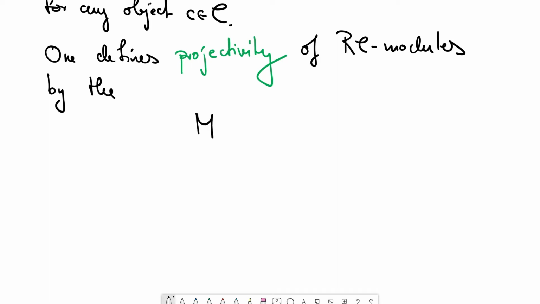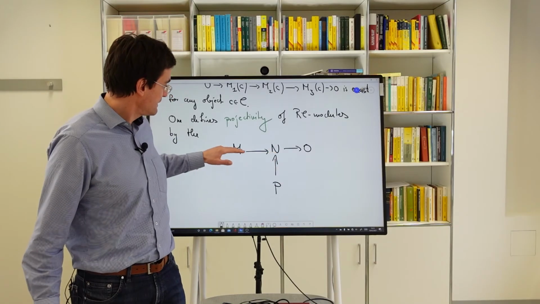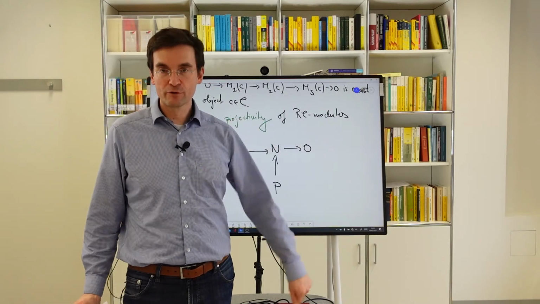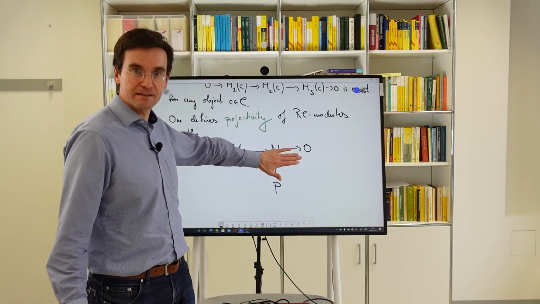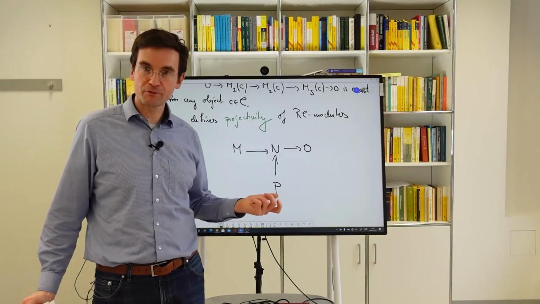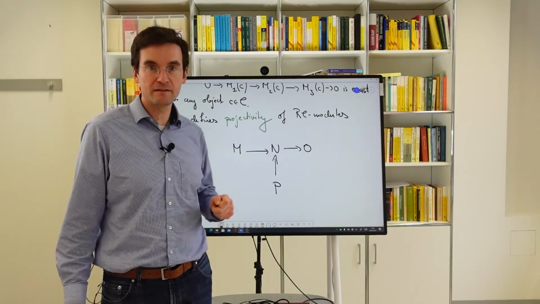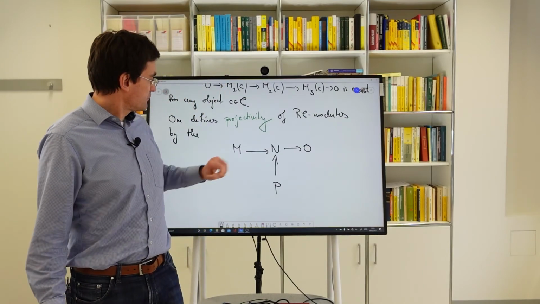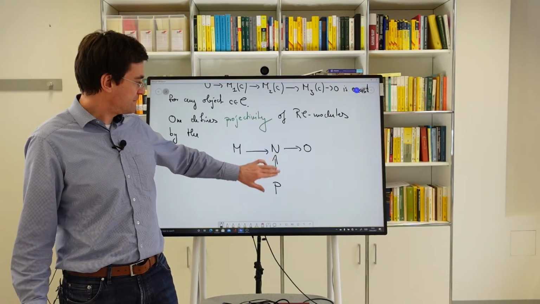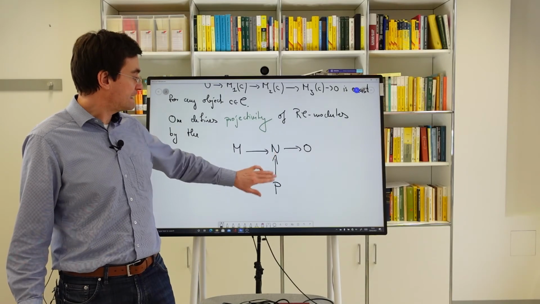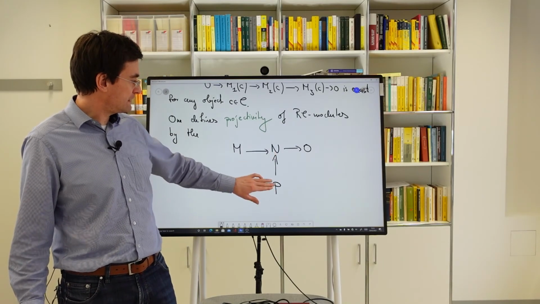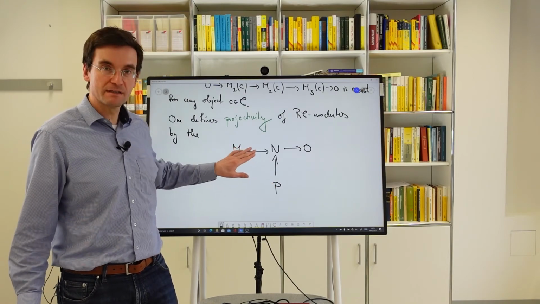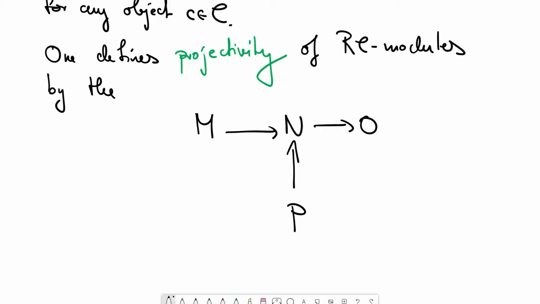So if you have a diagram of RC modules, remember, these are natural transformations, where the map from M to N is an epimorphism. That is exact, just meaning that if I plug in any object in my category, then the map MC to NC is an epimorphism. So whenever I have this situation, I can lift the map from P to N to a map from P to M, then P is projective.